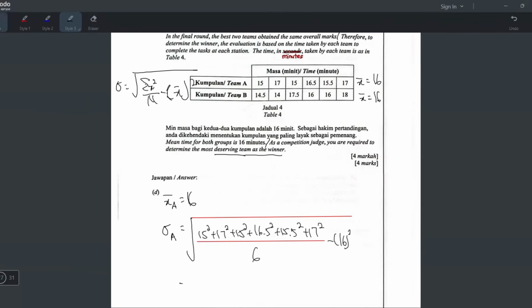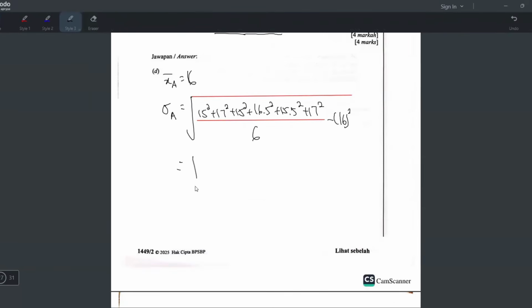Now it's time to use the calculator. I always tell my students, don't give the answer in one single line. Try to get the top sum first, and then in the next step give the final answer. It's good to write like that because when you check back, the answer is easy to check. So I'm pressing 15 square, 16.5 square, 15.5 square plus 17 square.